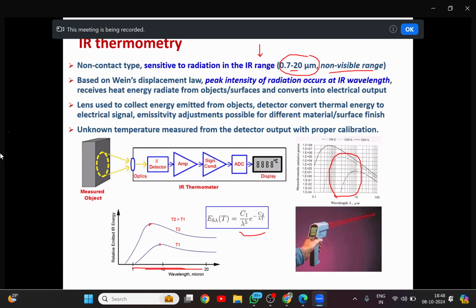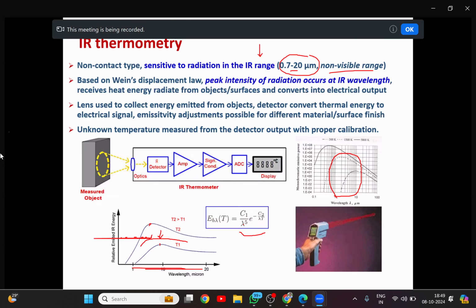So if you have found E_bλ, let's say you found an emitted energy, something like this, then you plot the equation that passes through this point, something like this. And the temperature corresponding to this curve would be the temperature of the surface. Okay, so that is how you use Wien's displacement law.